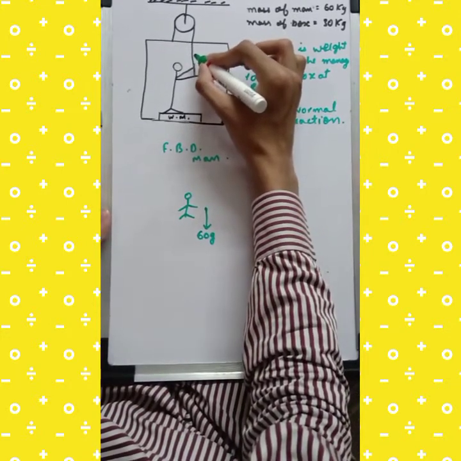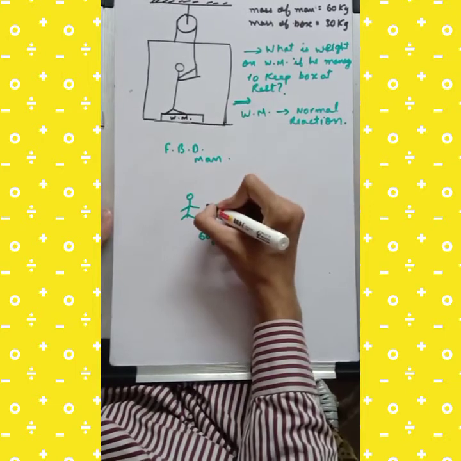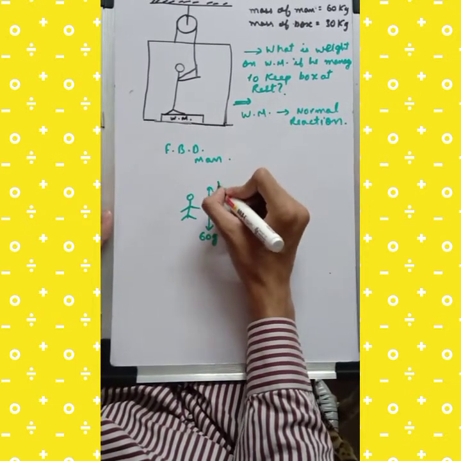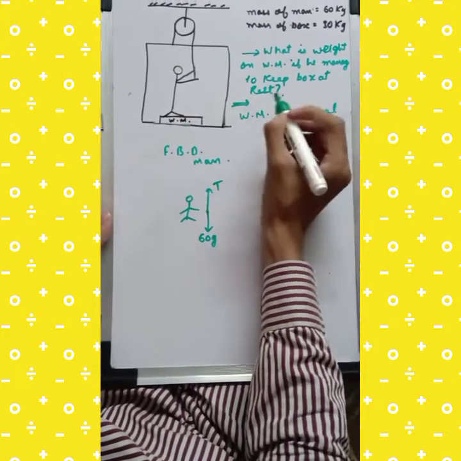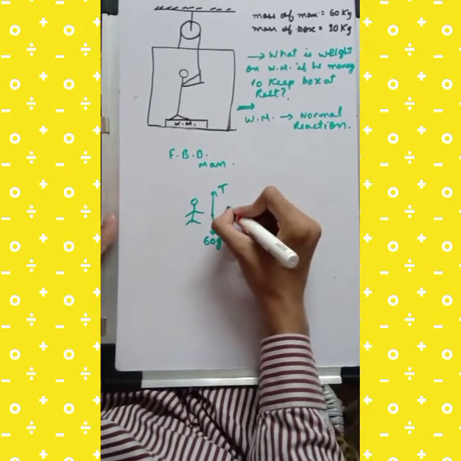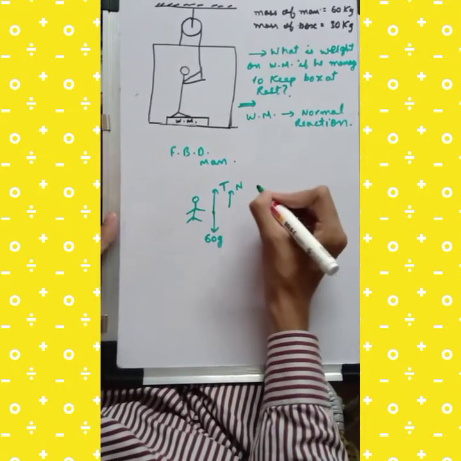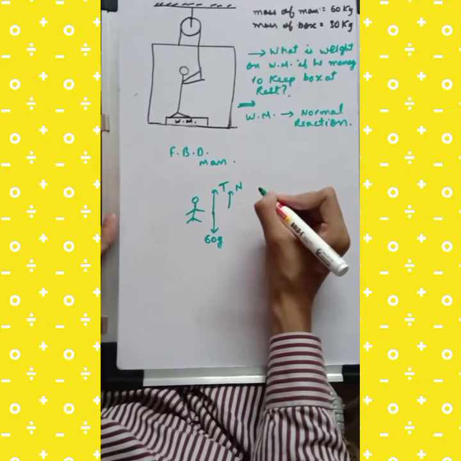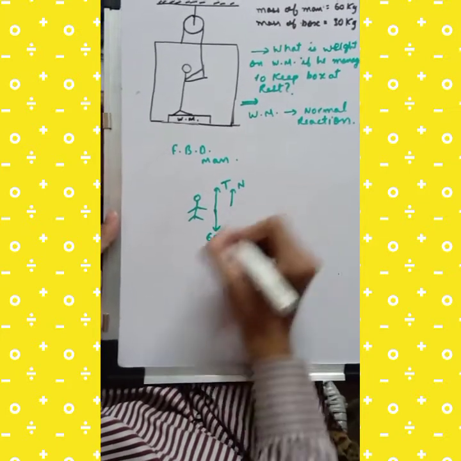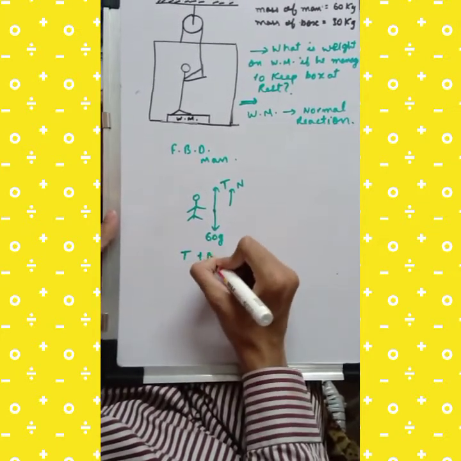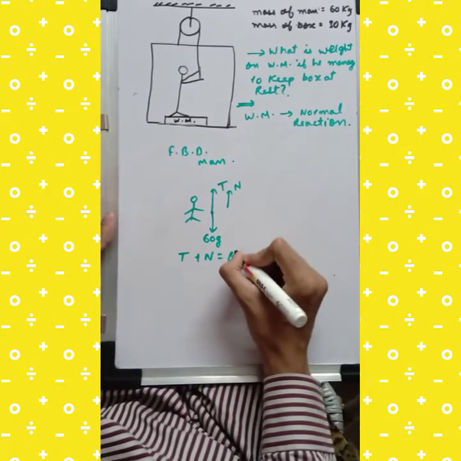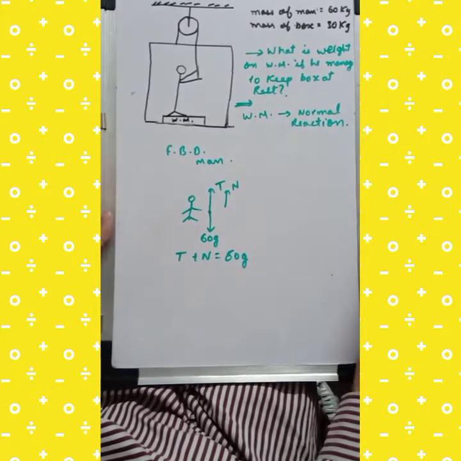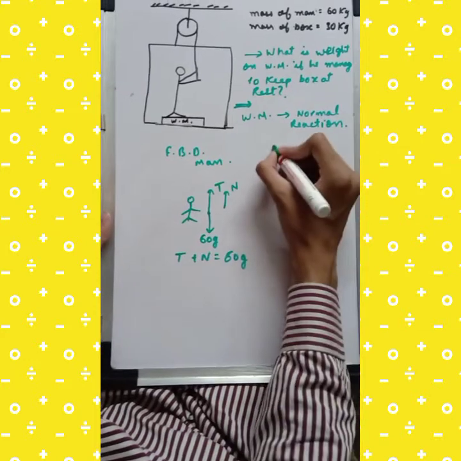Basically he is exerting a force, that is the tension, that would pull him upwards, so it is T. He is also standing on the weighing machine, so that would be the normal reaction N. As this system is at rest, we can write T plus N is equal to 60 times g, as upward force equals downward force.